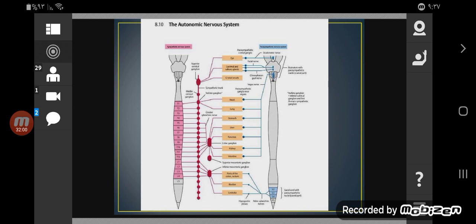This is the origin, the center for sympathetic fibers. Sympathetic fibers travel via the ventral horn and enter into the ventral root of each spinal nerve. The spinal nerve is formed by two roots, the dorsal root and the ventral root.